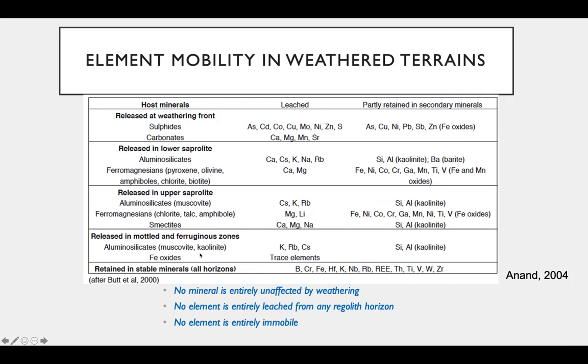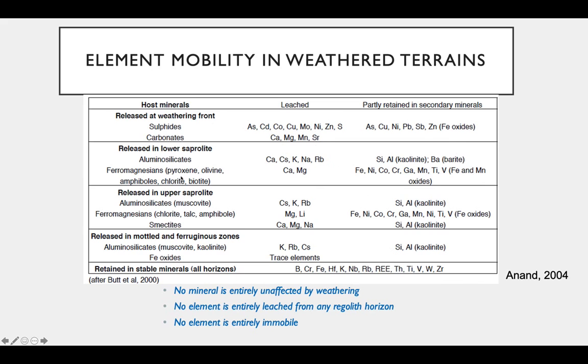So I won't carry on to this in too much detail, but here gives you an idea of the element mobility in the weathered terrains in different positions. So the weathering fronts, we have minerals that will be leached, and then we have minerals that are retained and therefore residually enriched.